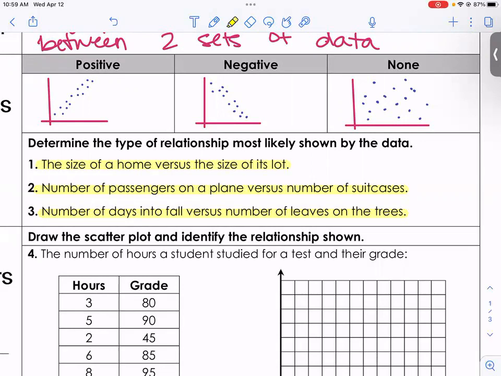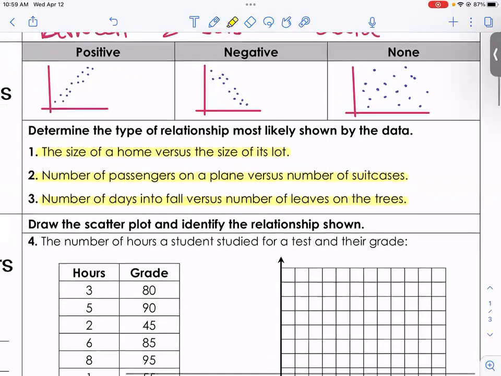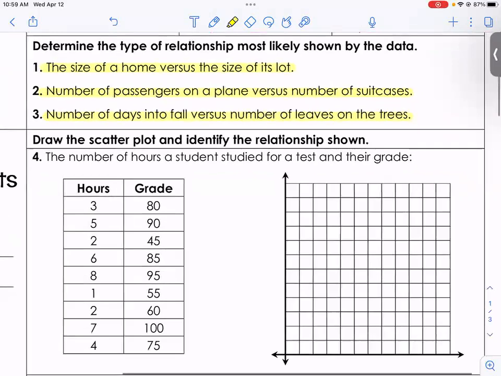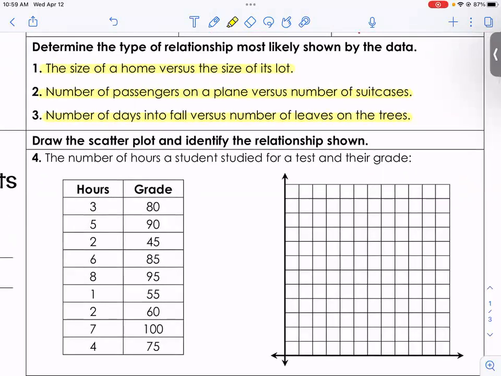Okay, so let's start with number 3. The number of days into fall versus the number of leaves on the trees. What's happening to the leaves as we go further into fall? They fall.